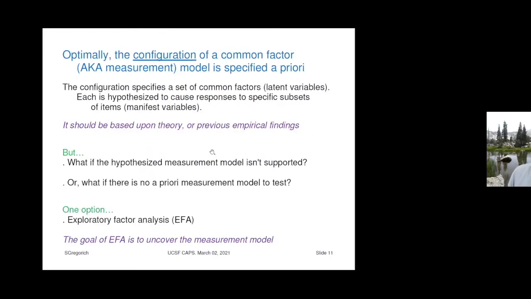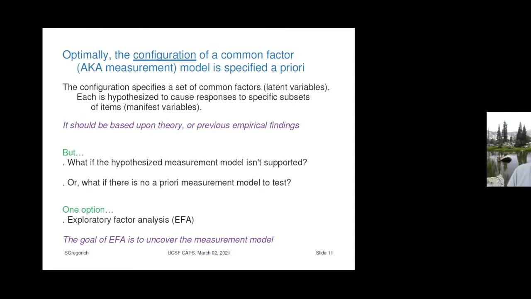So optimally, the configuration of a common factor model is specified a priori. So, how many factors, which items are clustered within which factors. And that should be based on theory or previous empirical findings.